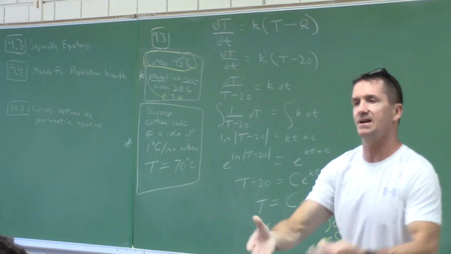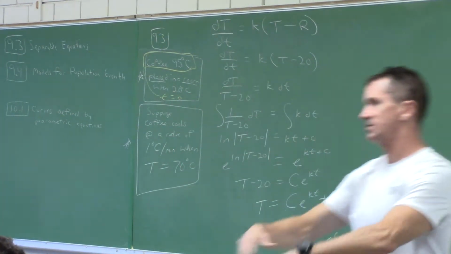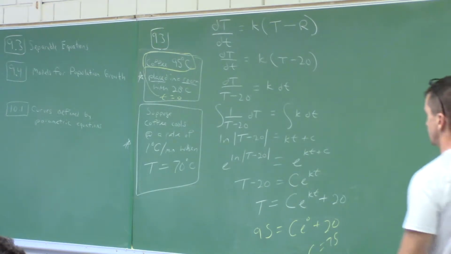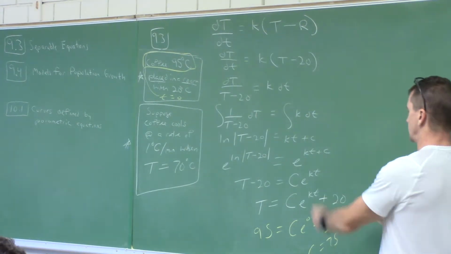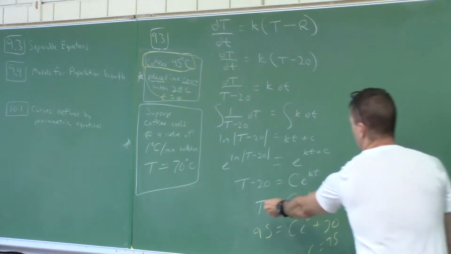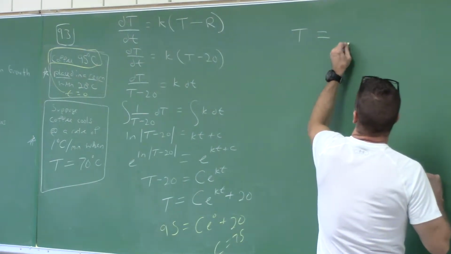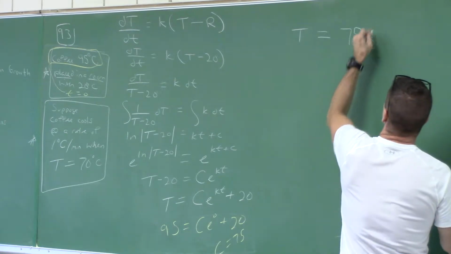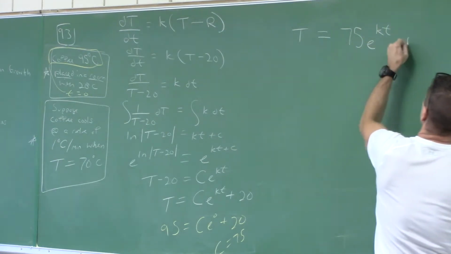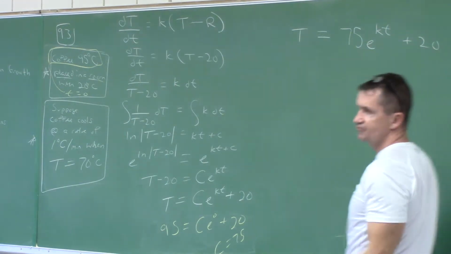It first hit that surrounding environment temperature and just kind of sat there. So I'm getting constant equal to 75. Well, let me rewrite this. What do we now have? T equals 75 e to the kt plus 20.